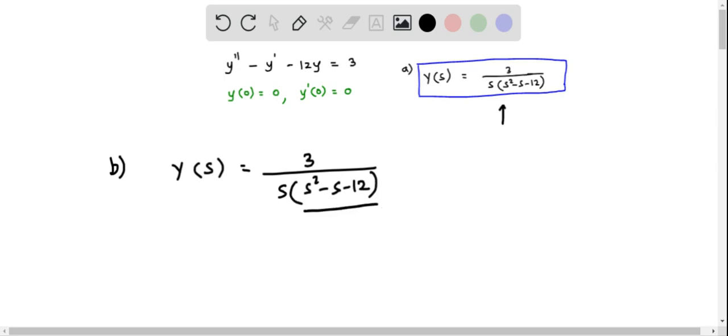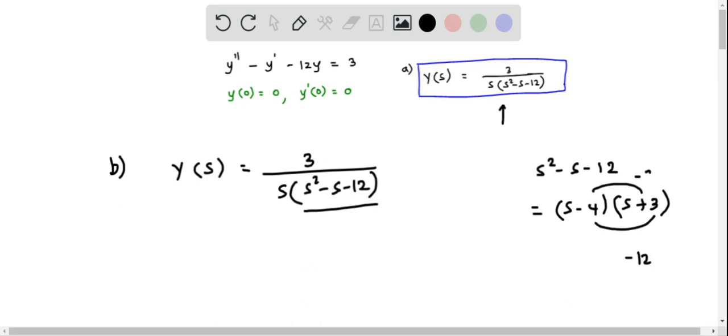And we see that this is a quadratic expression which can be written in factored form, that is s squared minus s minus 12, and this equals, we can factor this as a product of two linear factors, that is s minus 4 times s plus 3, because the product is negative 12 and the sum is negative 1.